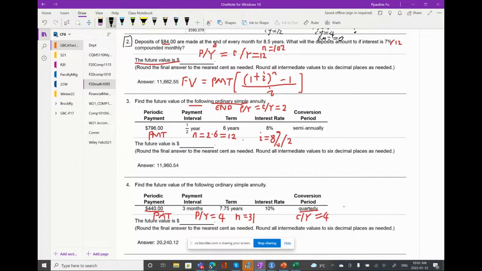What will the deposits amount to if interest is 7% compounded monthly? That is the question. So in this question, it is an ordinary simple annuity problem because the deposits are made every month.